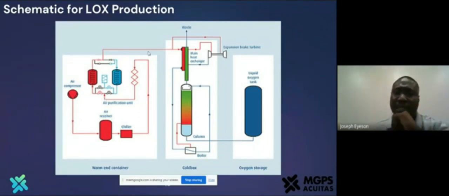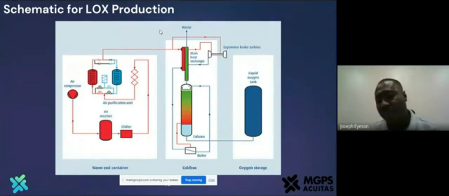And from there, this hot air is transported into the main heat exchanger, whereby there's a bit of heat exchange, and then it goes into the column, and that is where the magic actually happens for the liquid to be generated, and then it is transported into the liquid oxygen tank.